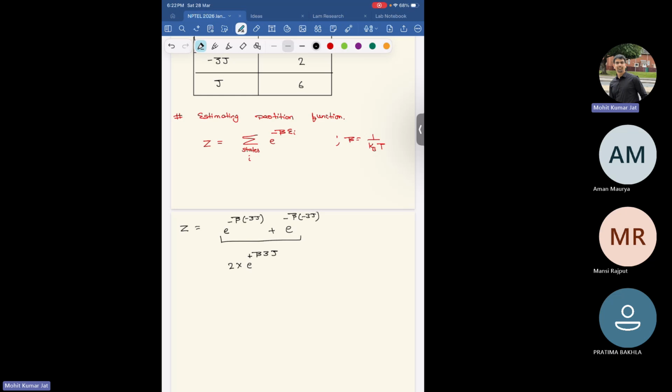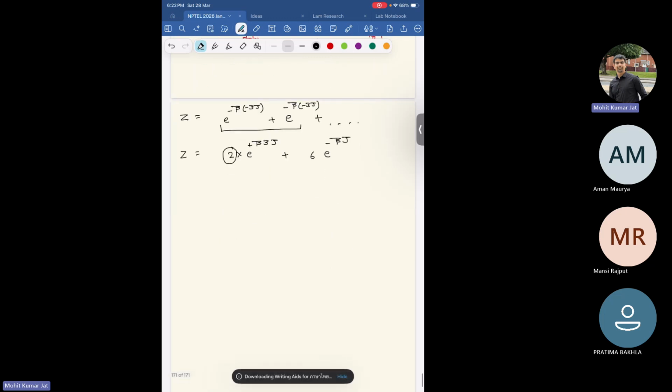So this I can write as 2 times e to the power 3 beta J. The degeneracy came in front. The other part I can also write as 6 times e to the power minus beta J. So if I summarize it, it will be 2 exponential 3 beta J plus 6 exponential minus beta J. So this is the partition function.